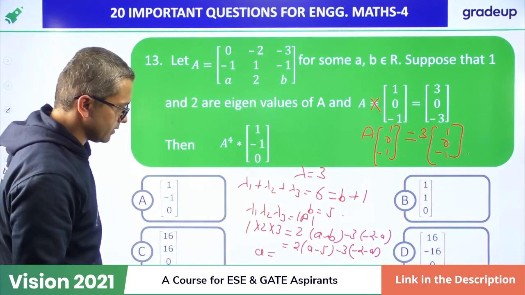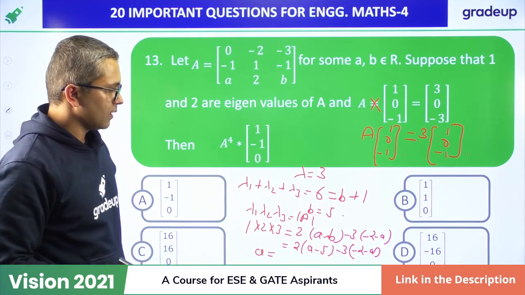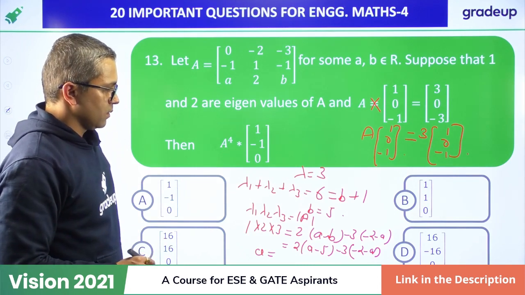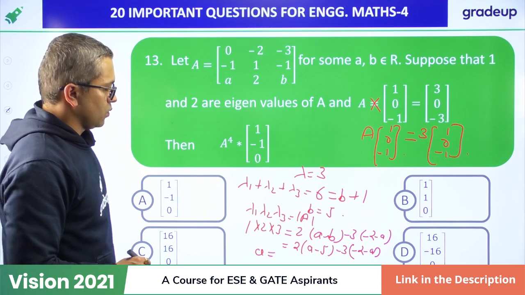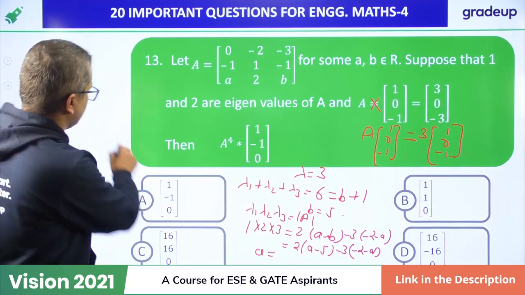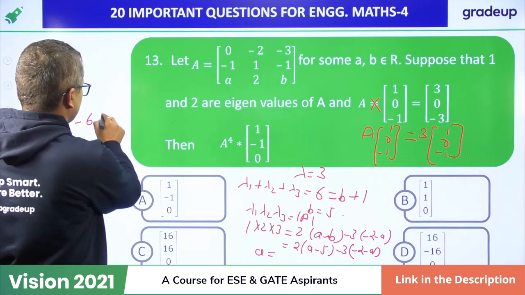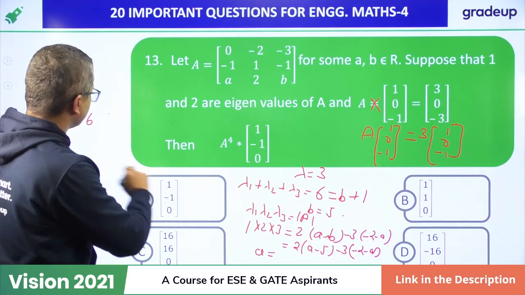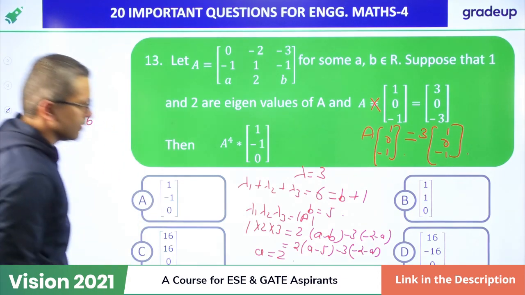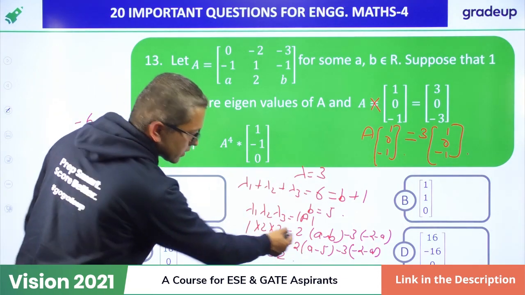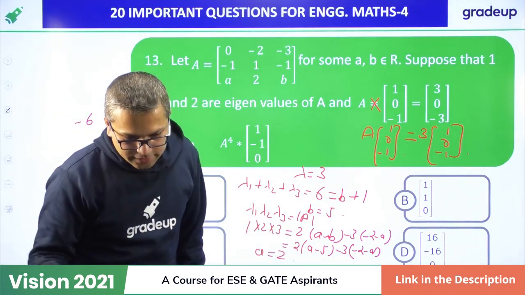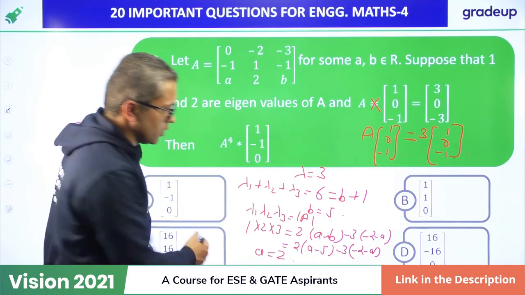So what is the value of A that you're getting? Okay, I think you'll be getting A equals 2 here. If you solve this equation, you're going to get A equals 2.